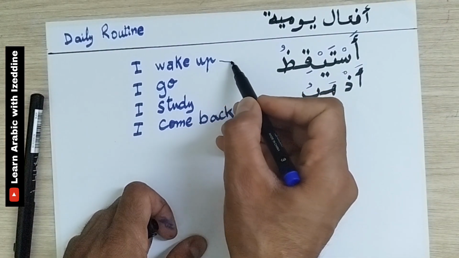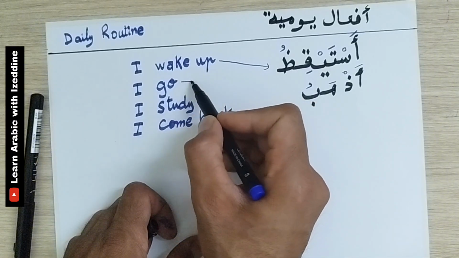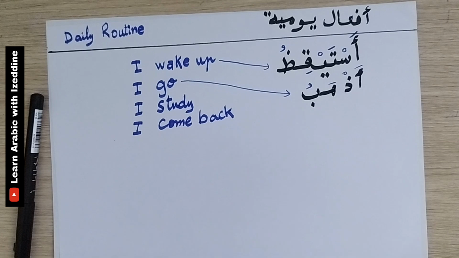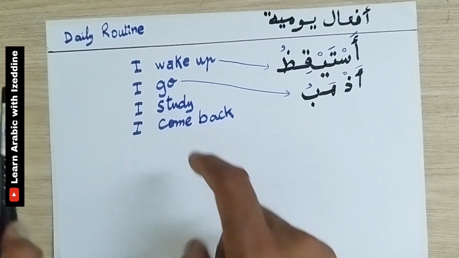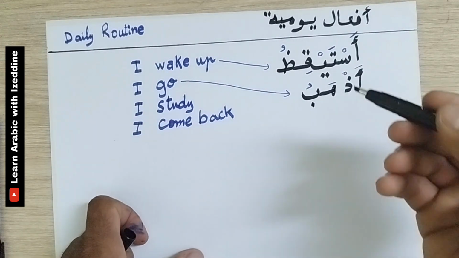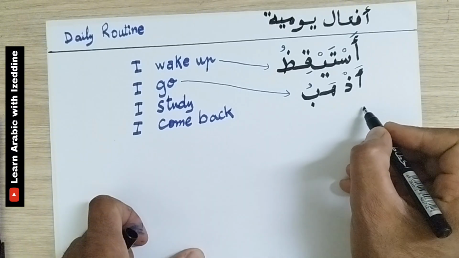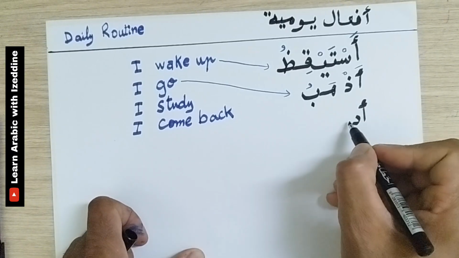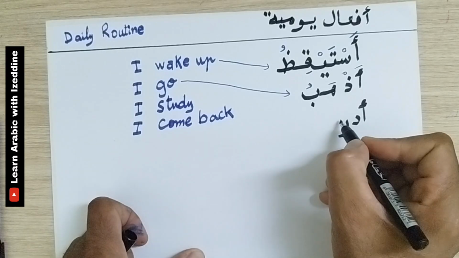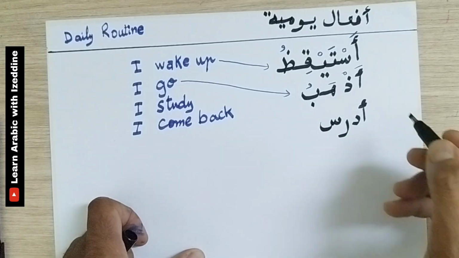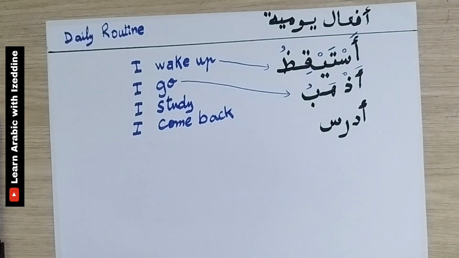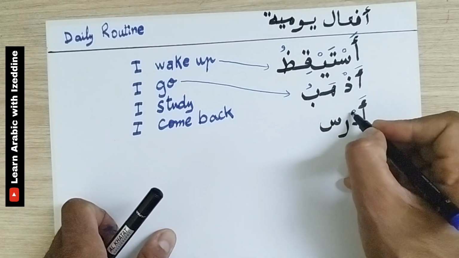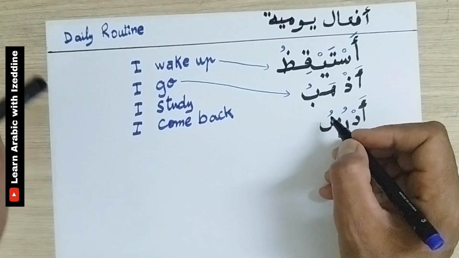So I wake up, أستيقظ. I go, أذهب. Now how to say I study? Of course we say أدرس. A, d, r, s. Harakat. أدرس.